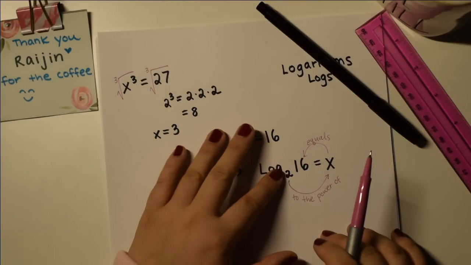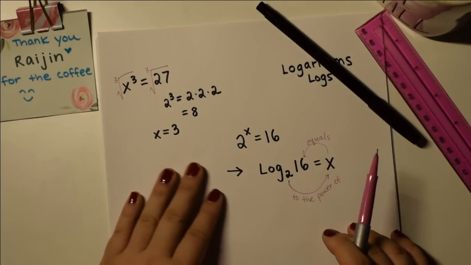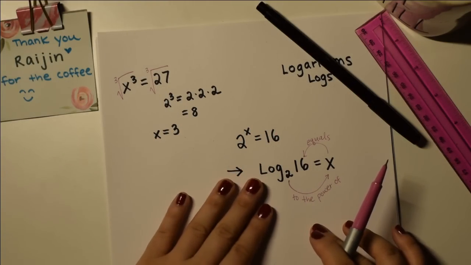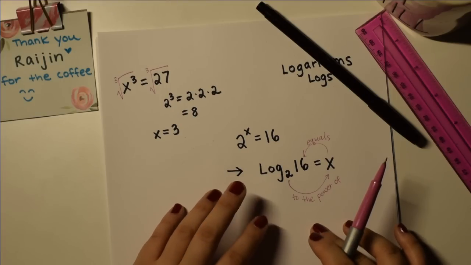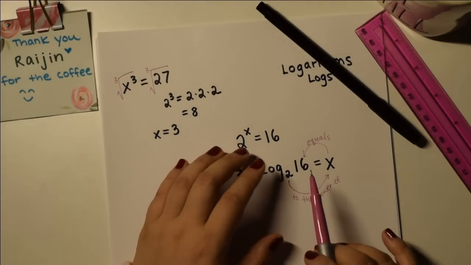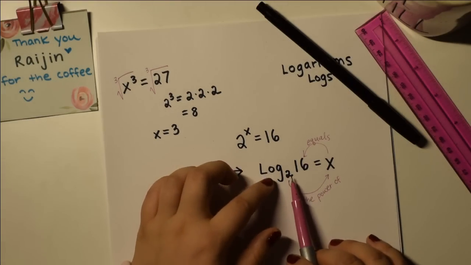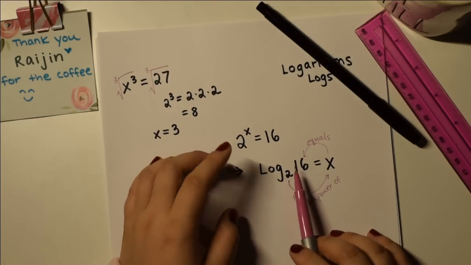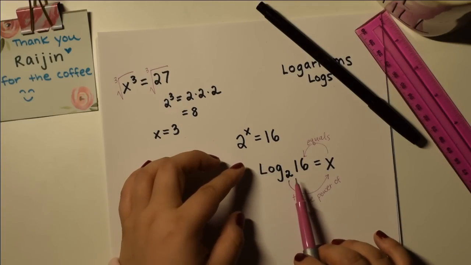Okay, so if this is the first time that you're seeing this, take your time. It does feel like a lot, and it is easy to get confused with the bases of logs and how this goes.